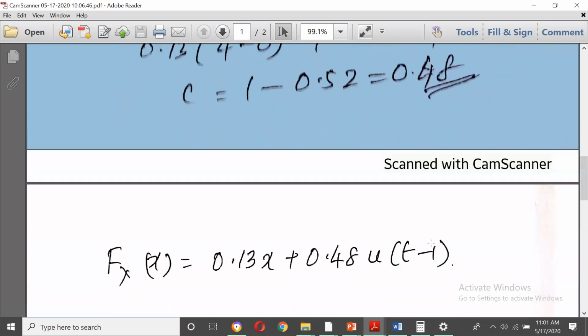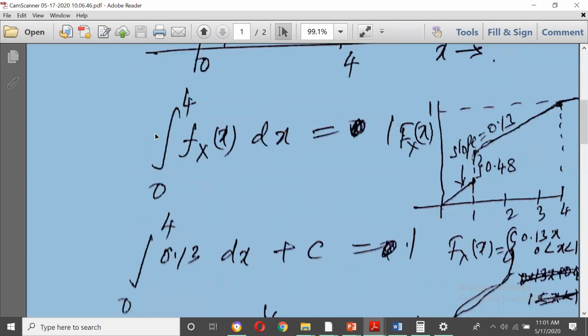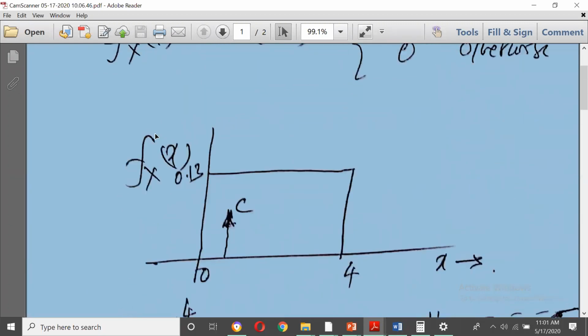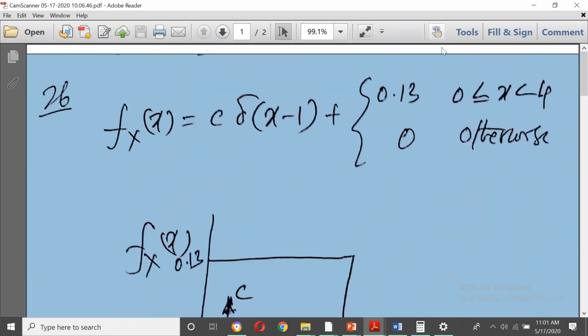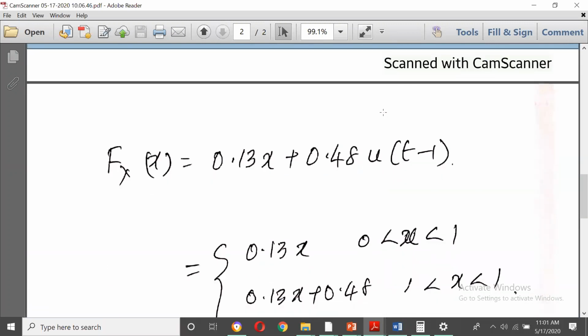So having found this, next, what do we do? We need to write the expression for the f of x. How do we write that? We know that it is 0.13 between 0 and 4. So for that, we'll try to write over here 0.13x, plus 0.48 u of x minus 1.